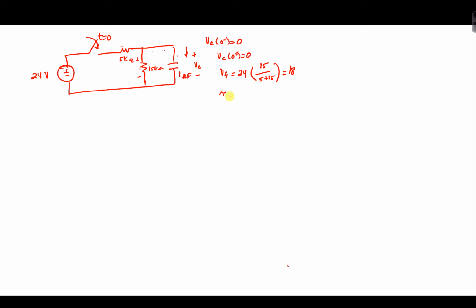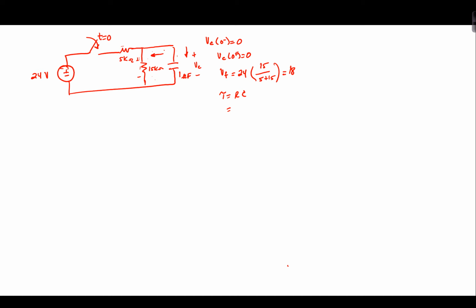Tau for this circuit is going to be R times C. Which R do we use? We use the effective resistance that this capacitor is exposed to, the equivalent resistance seen looking back into that circuit. Now don't let this blow your mind, but that's the Thevenin resistance.